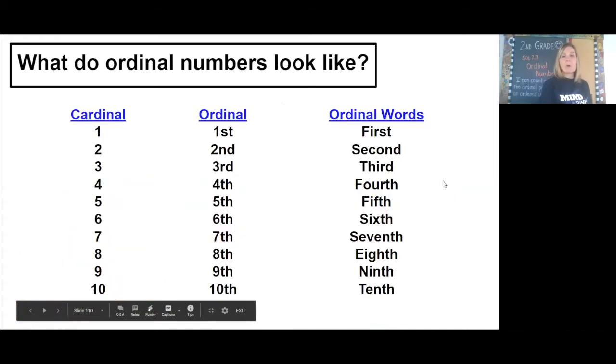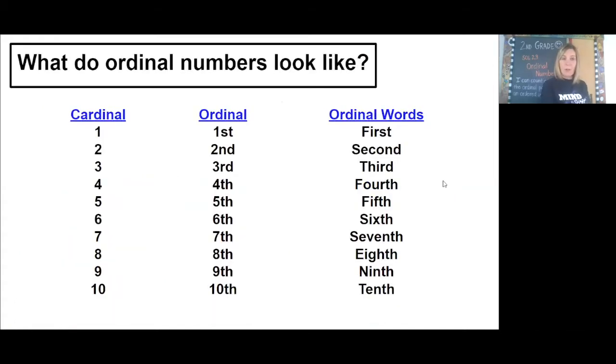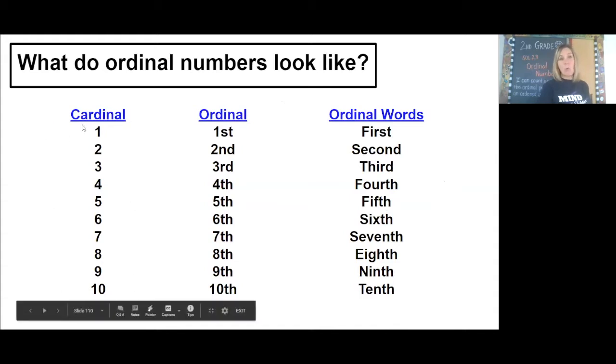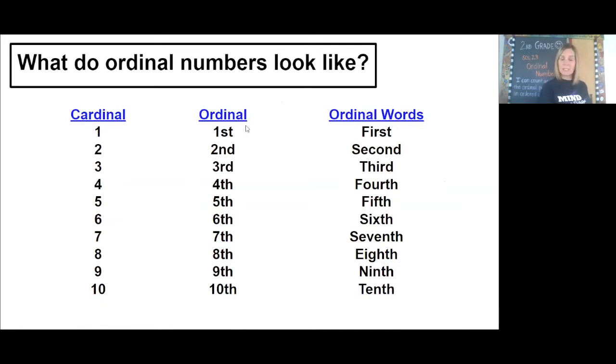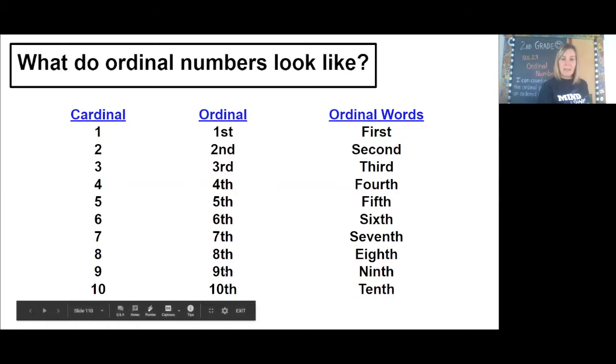Here is what our ordinal numbers look like from 1 through 10. Cardinal numbers are the numbers that we use to show quantity and value, and ordinal numbers are the ones that we use to show position. So here are the cardinal numbers, and the ordinal numbers that go along with those are first, second, third, fourth, fifth, sixth, seventh, eighth, ninth, and 10th.